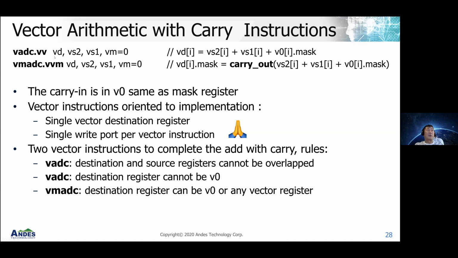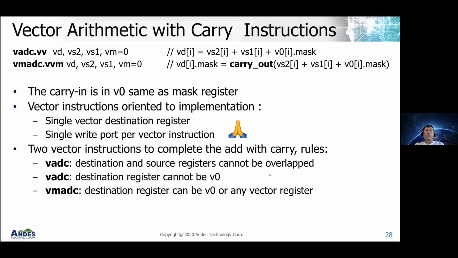But because you have 2 instructions that basically perform on the same data here, VS2, VS1, and V0, it means that the destination and the source cannot overlap, because if the destination is the same as VS1 or VS2, then you modify the data. Then when you come to the second instruction, you will get the wrong carry-out, right?